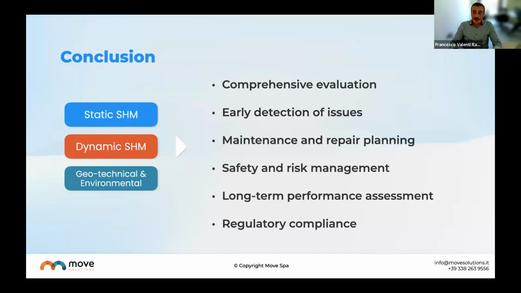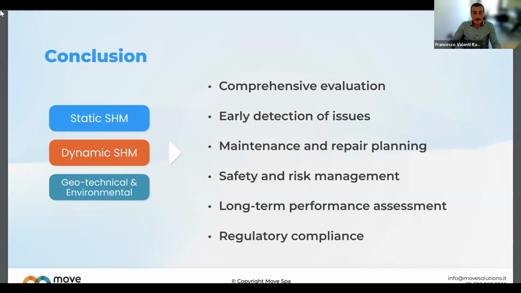So I leave the floor to Ambra for the conclusions, and thank you very much for your attention. I was muted. Thank you so much, Francesco, for your presentation. It was really interesting.